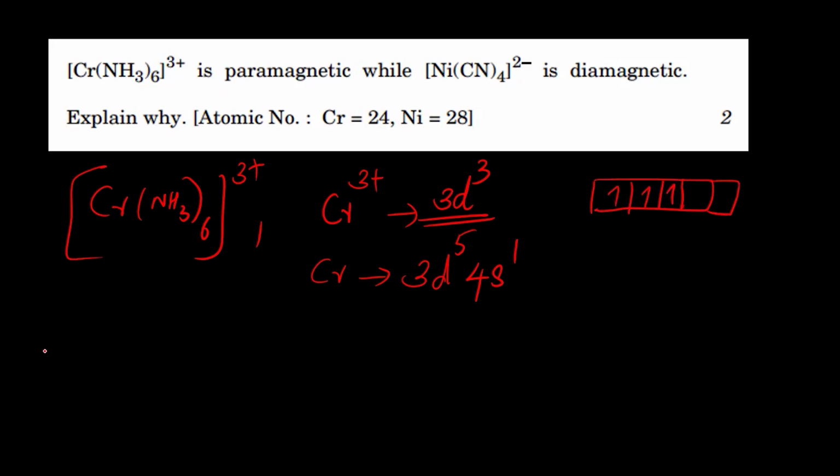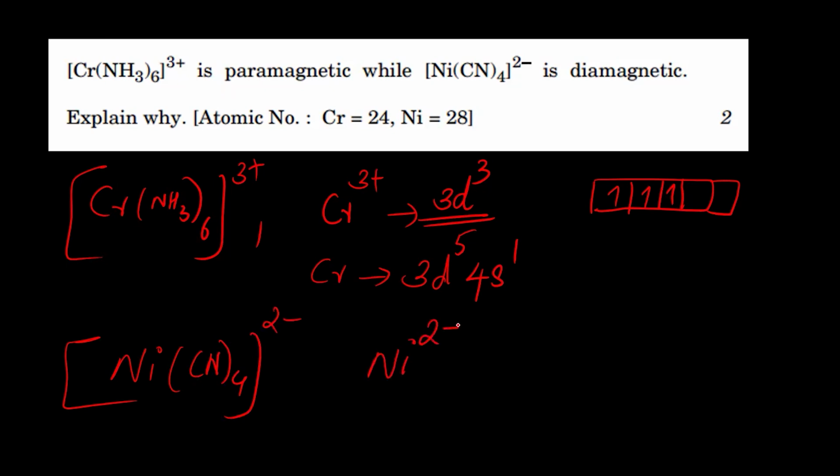Okay, and in the case of nickel, [Ni(CN)4]2-, nickel is in which oxidation state? 2+ oxidation state, that is 3d8. 1, 2, 3, 4, 5, 6, 7, 8. And CN- is coming, right? So what will happen? Here pairing will take place.